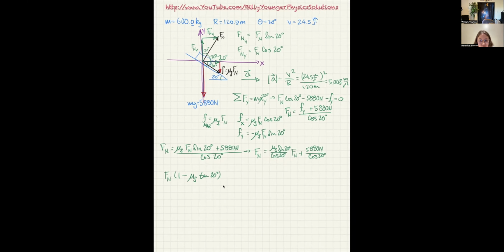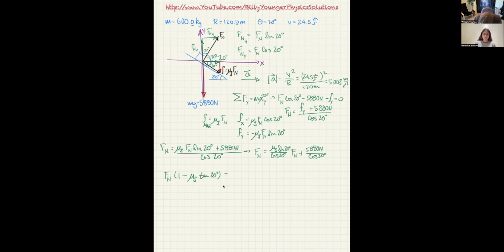And that is basically that first term that was on the right-hand side. That's what that minus part became over here. And then on the right-hand side, now all we have left is 5880 divided by cosine 20. I'm in degree mode, so that works fine.